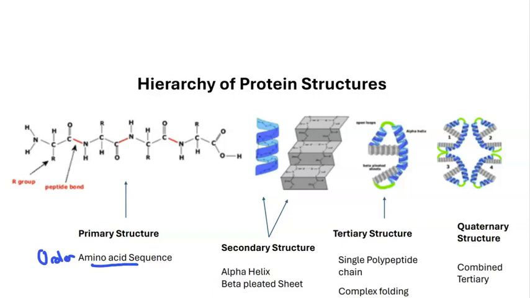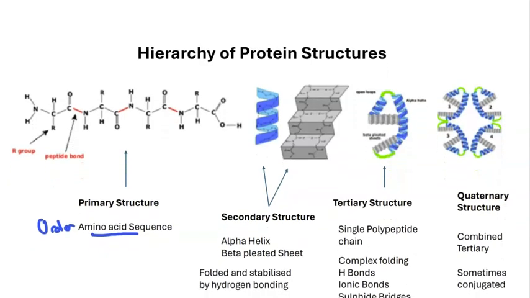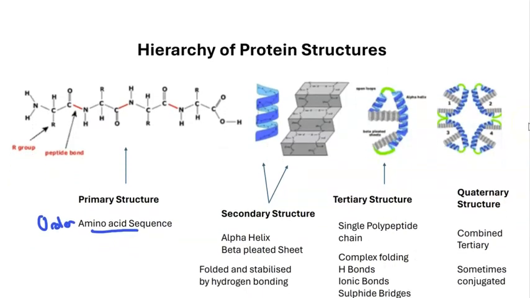In the example shown in front of you, I have drawn a 1, 2, 3, and 4 amino acid chain, and the amino acids in this chain are all glycine. So this is my primary structure: 4 amino acids, all of them glycine, and this is called the primary structure.